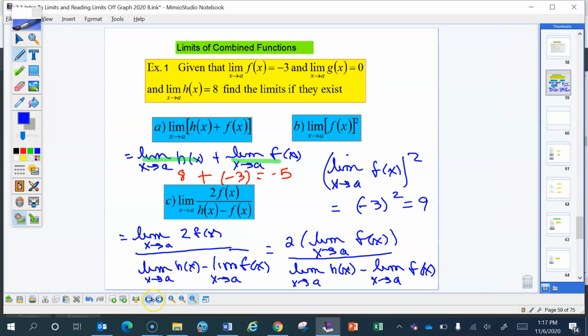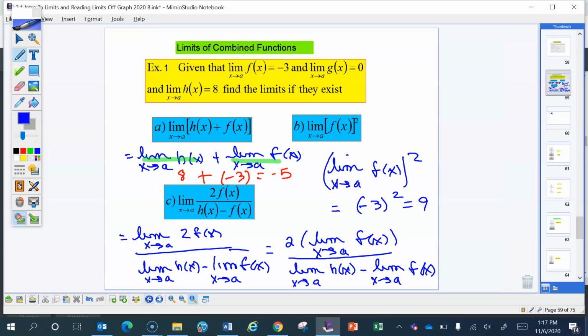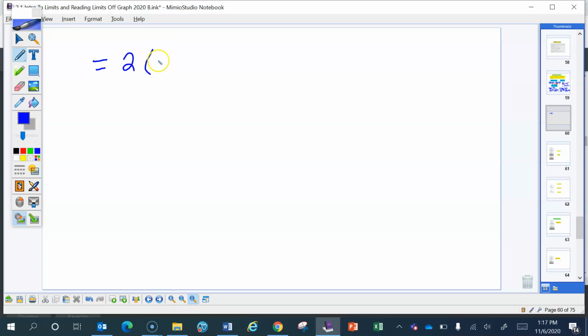And if I work this all out, I'm going to get 2 times the limit as x approaches a of f of x, which is -3, all over the limit as x approaches a of h of x, which is 8, minus the limit as x approaches a of f of x, which is -3. And this works out to be -6/11.